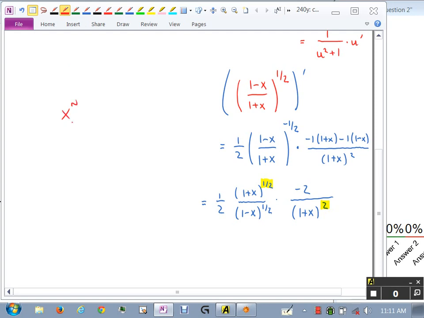X to the n over x to the m is equal to x to the n minus m. So what happens if you take 1/2 and subtract 2? You get negative 3/2. So we should wind up with this 1 plus x to the negative 3/2. But I'm not going to leave it on top negative. I'm going to put it back down the bottom, right?